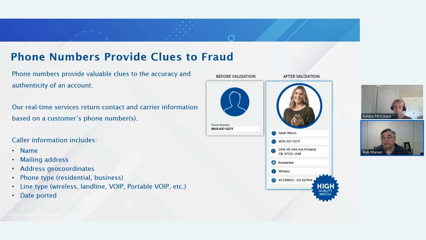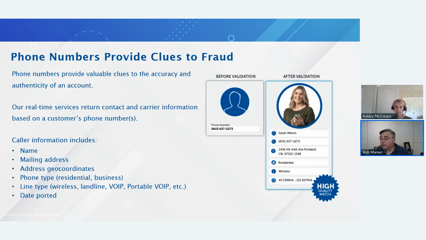We're also going to look at things like the longitude and latitude of the mailing address of the phone subscriber. All of those data points are very valuable in triangulating the location of this customer, and determining if they're a risk. In addition, of course, there's the line type, maybe a free portable VoIP, which in your business is a known fraud indicator, and you're going to flag that very highly as a problem.